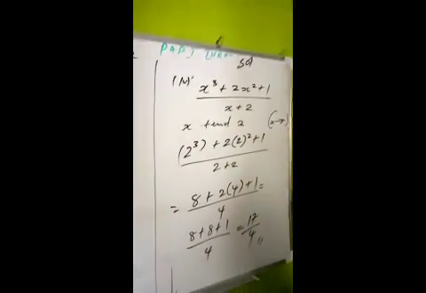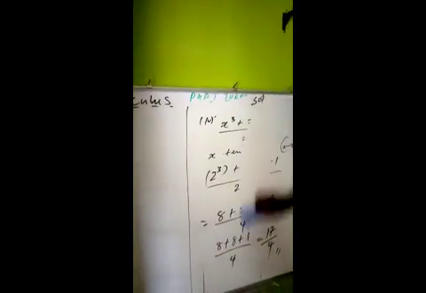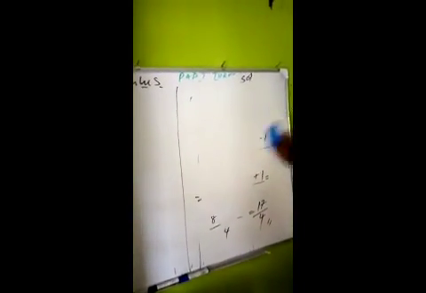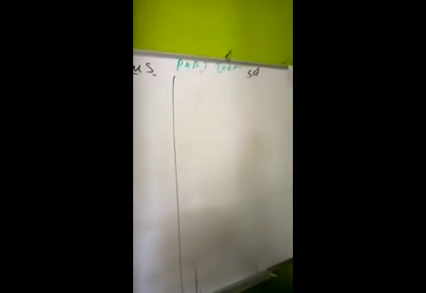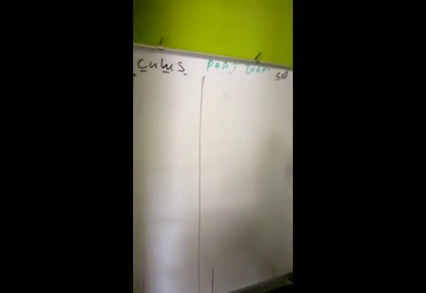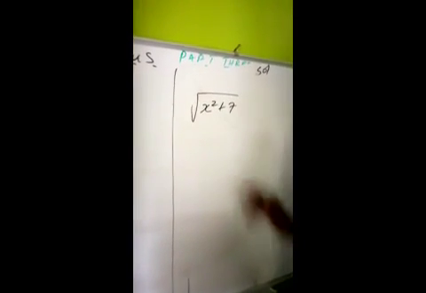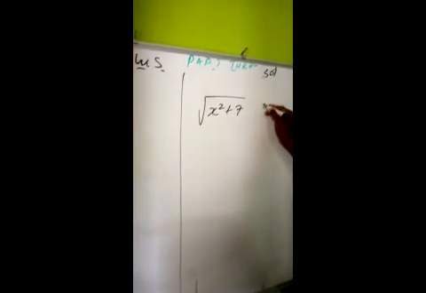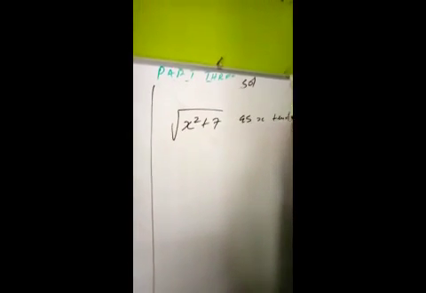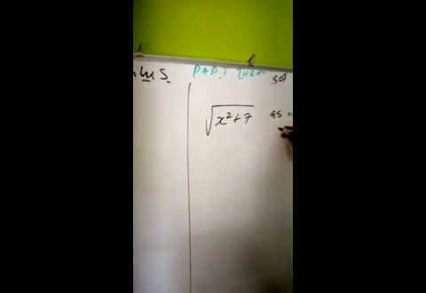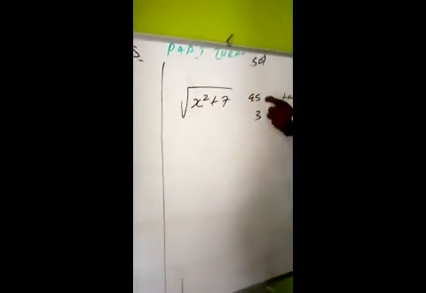Then next question from here, that is number 5. When you have something like this, square root of x squared plus 7, with x tends to 3. Remember, we do the same thing. This is x tends to 3.